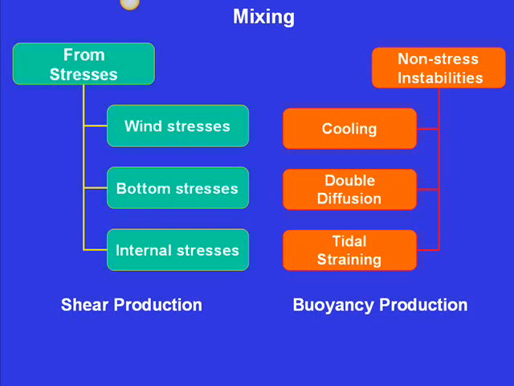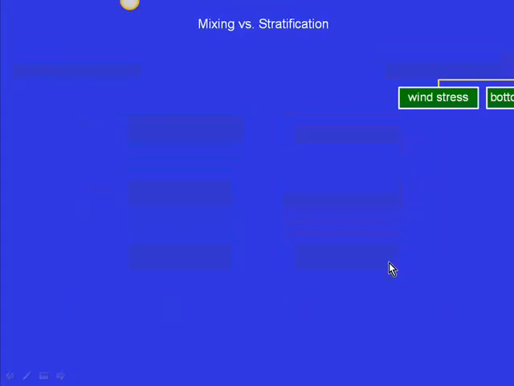So that's tidal straining. In essence, tidal straining means stratified conditions during ebb and destratified conditions during flood, or increased stratification during ebb and decreased stratification during flood. That's what tidal straining is. So in this case, tidal straining can cause mixing also.